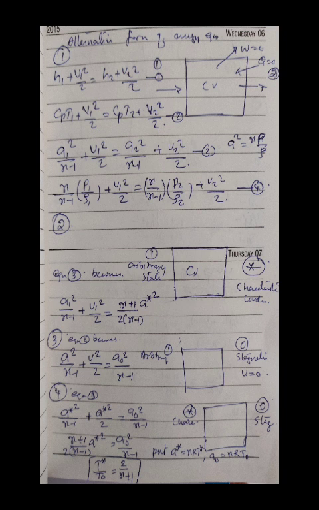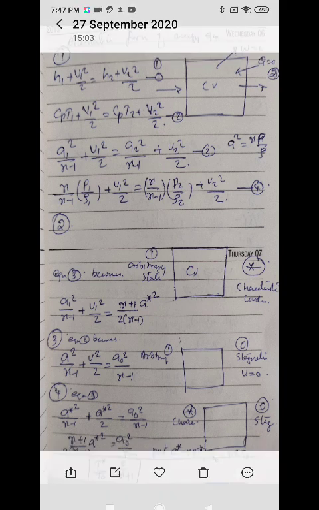From the characteristic condition as state 1 and the stagnation condition as state 2, we get another expression: T star by T0 is equal to 2 by gamma plus 1. So any property ratios we can express in terms of the non-dimensional number gamma and R.